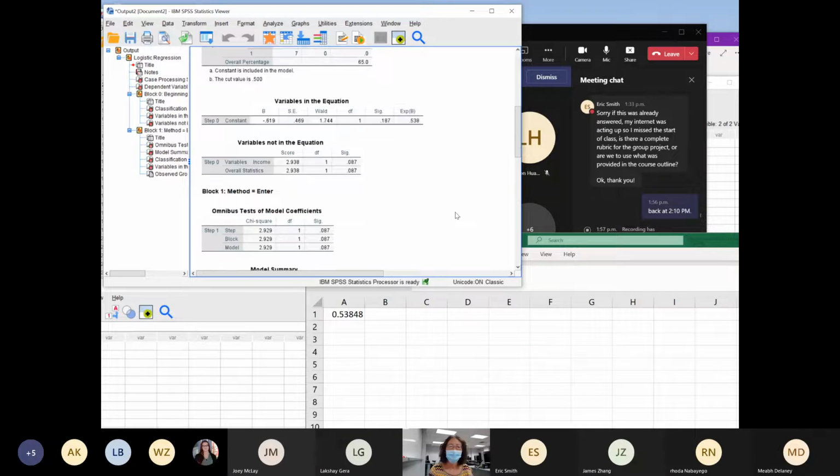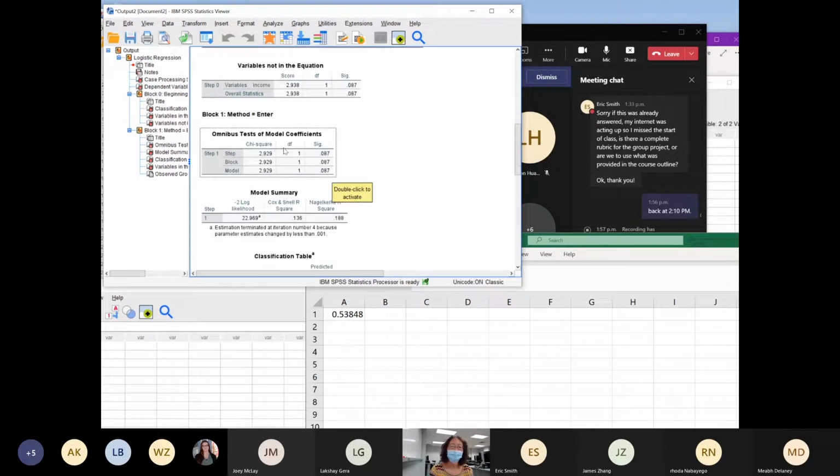And then we have variables not in the equation. They are not significant. So the income is actually not significant because the p-value 0.08 is greater than 0.05. And over here you have omnibus test of coefficient.